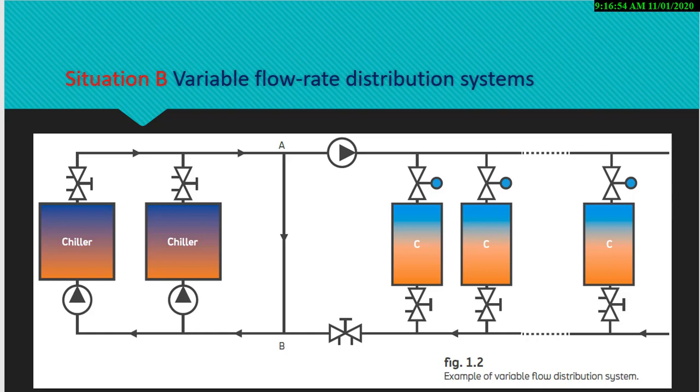Specific devices are to be added in the circuit in order to give balancing for the system, such as differential pressure control valves (DPCV), which are specially designed to handle this situation.